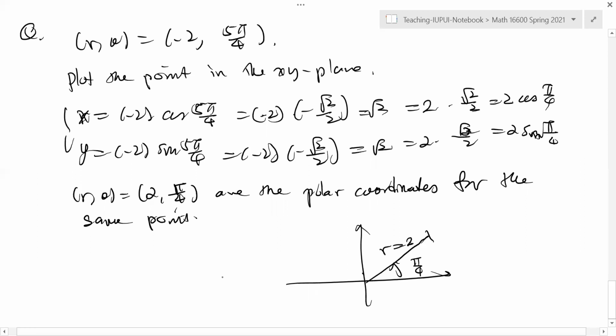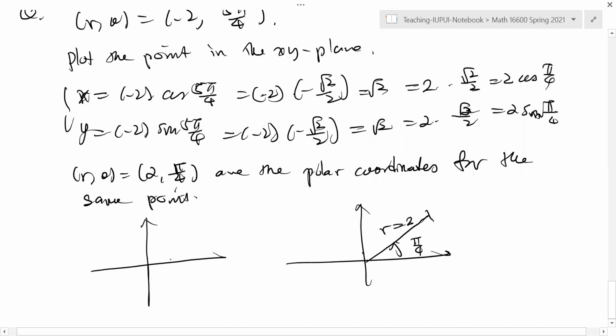Now, without doing this, how can I draw the picture directly? This is theta, 5 pi over 4, and the length 2 is here. This is 2. For -2, you have to go in the other direction. So this will be -2. Because R is -2, you cannot choose that point.